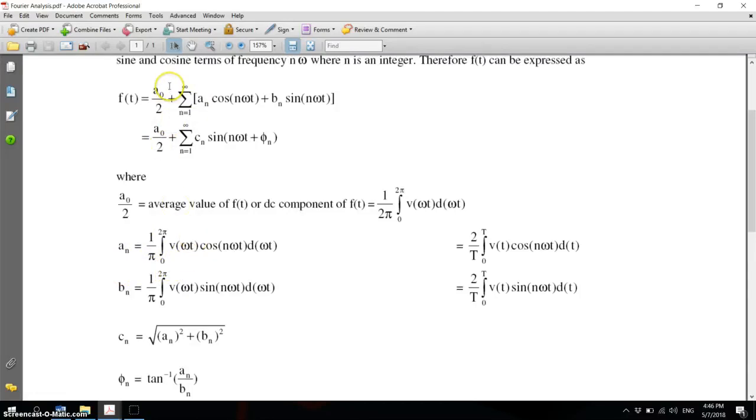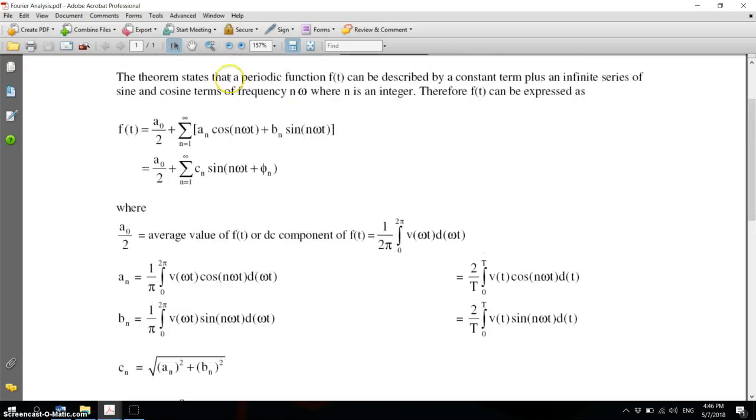We also know that an is 2 over T times the integral of the waveform times cos n omega t, and bn is 2 over T times the integral of the waveform times sine n omega t. So any waveform can be represented by this.